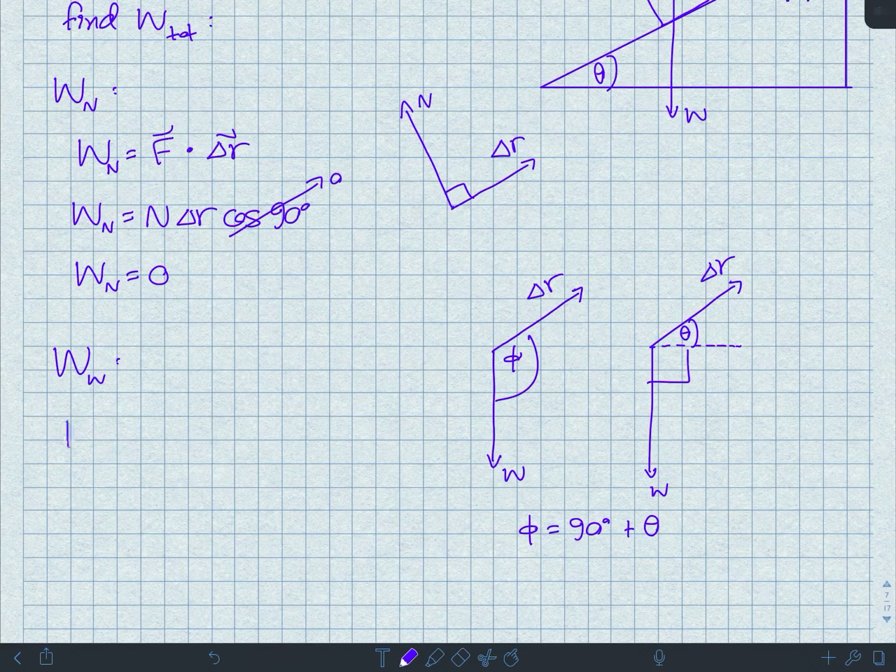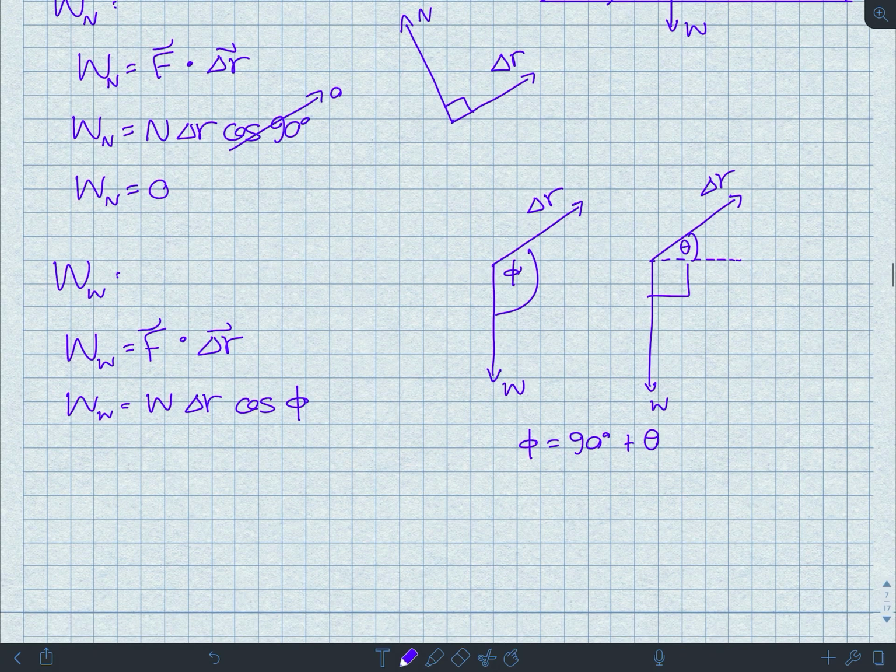All right, so the work done by weight is going to be F dot delta R. So that's going to be the weight times delta R times the cosine of this angle.